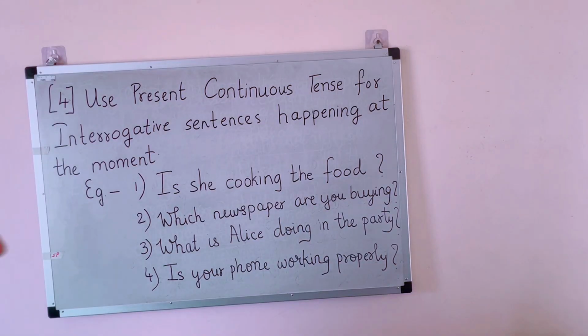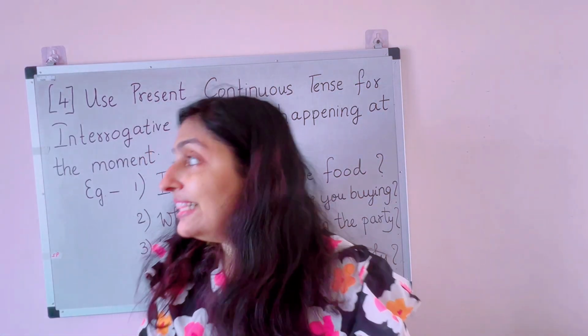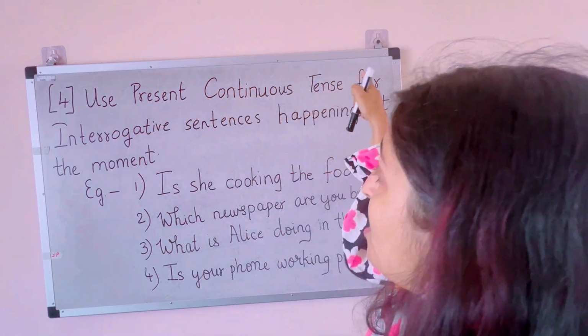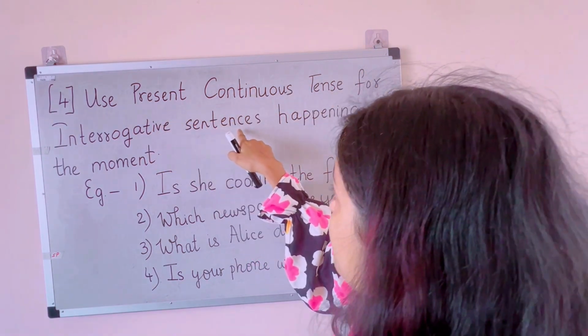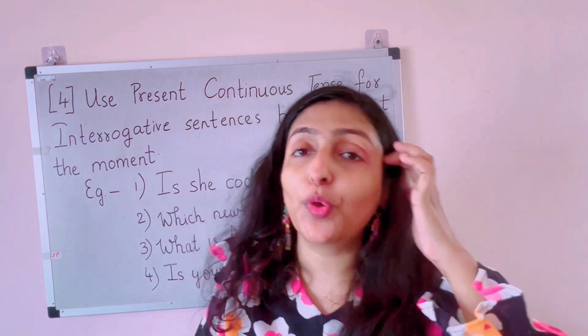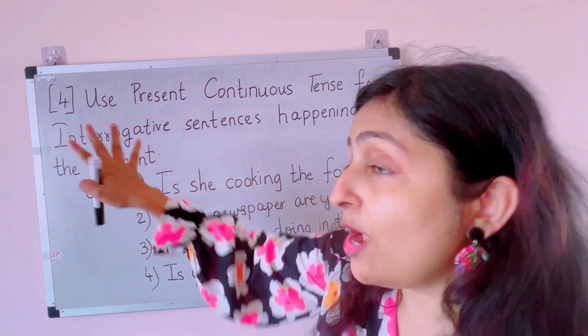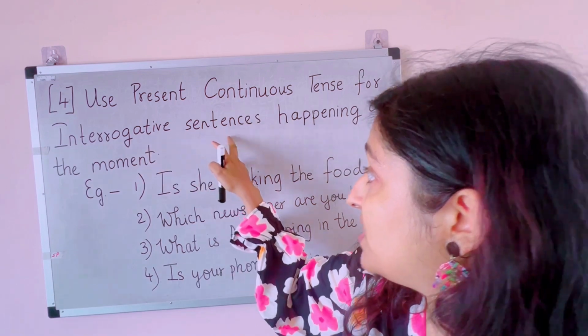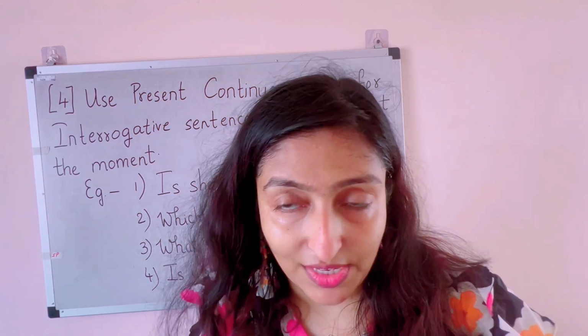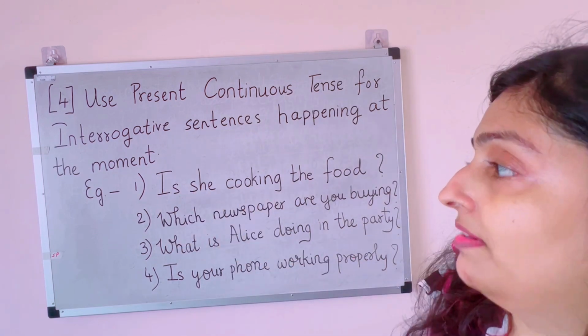Here comes rule number 4, and that is, use present continuous tense for interrogative sentences happening at that particular moment. I hope you know what interrogative sentences are. It's a sentence that is a question.